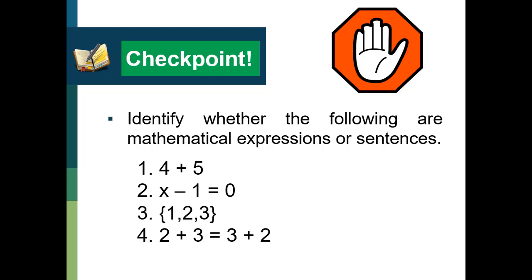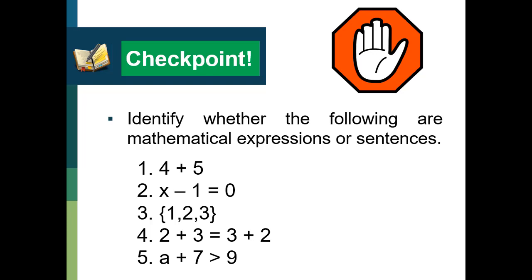The fourth, 2 plus 3 is equal to 3 plus 2. The fifth, a plus 7 is greater than 9. Try to think carefully and contemplate which among these examples are expressions and which of them are sentences. You can pause this video for 2 to 3 minutes for you to think deeply about the question and play it again to view the correct answer.